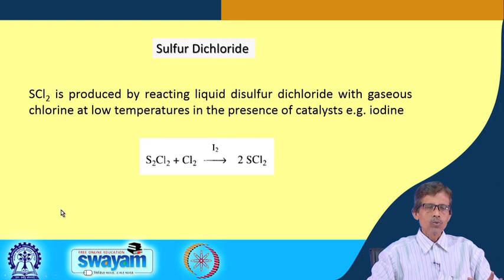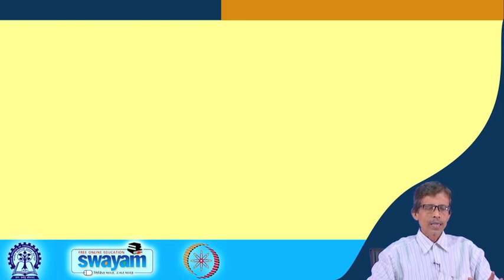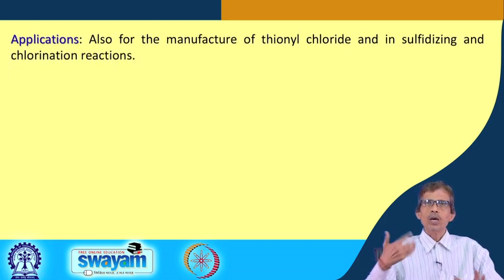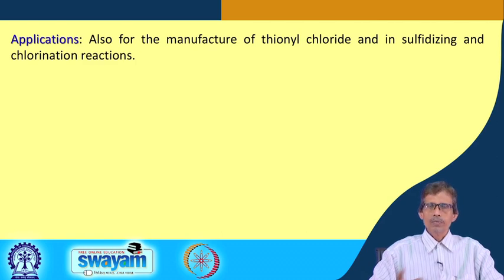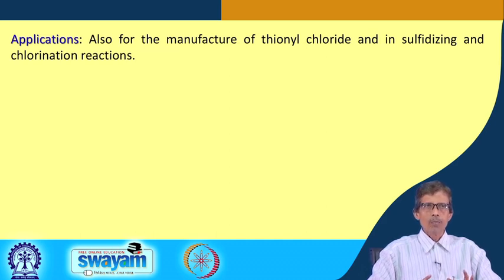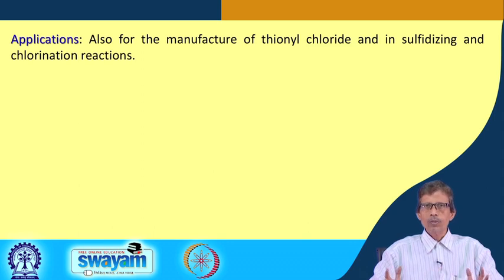And it has different kinds of applications, and that is why we prepare it for different purposes. Sometimes for the introduction of sulfur, we use some sulfur bearing compounds for the introduction of that sulfur in some big backbone, that means big structures of organic molecules or some polymeric structures.